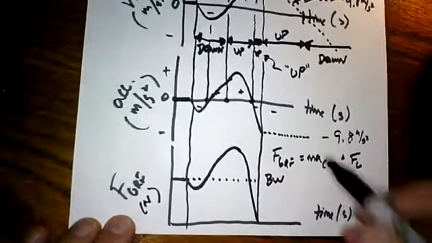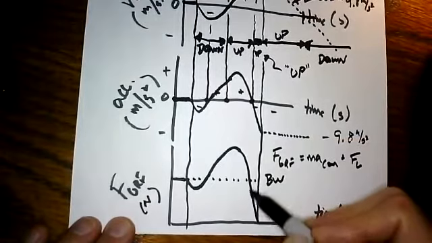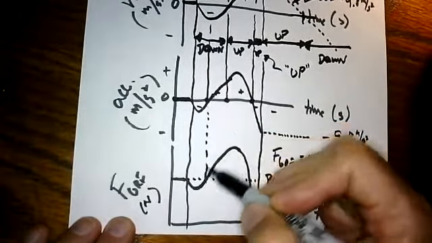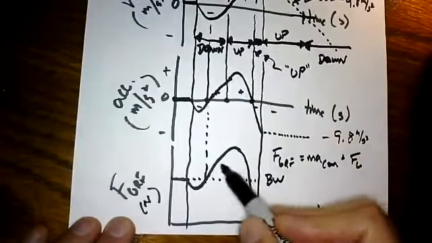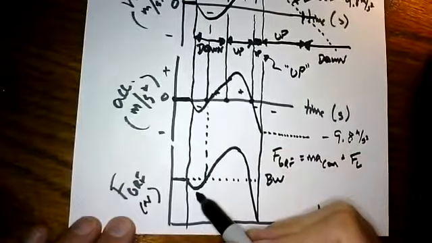And now you can see that in this region where acceleration is negative, ground reaction forces are less than body weight. Anywhere where acceleration is positive, ground reaction force is greater than body weight. Anywhere where acceleration is negative, ground reaction forces are less than body weight.